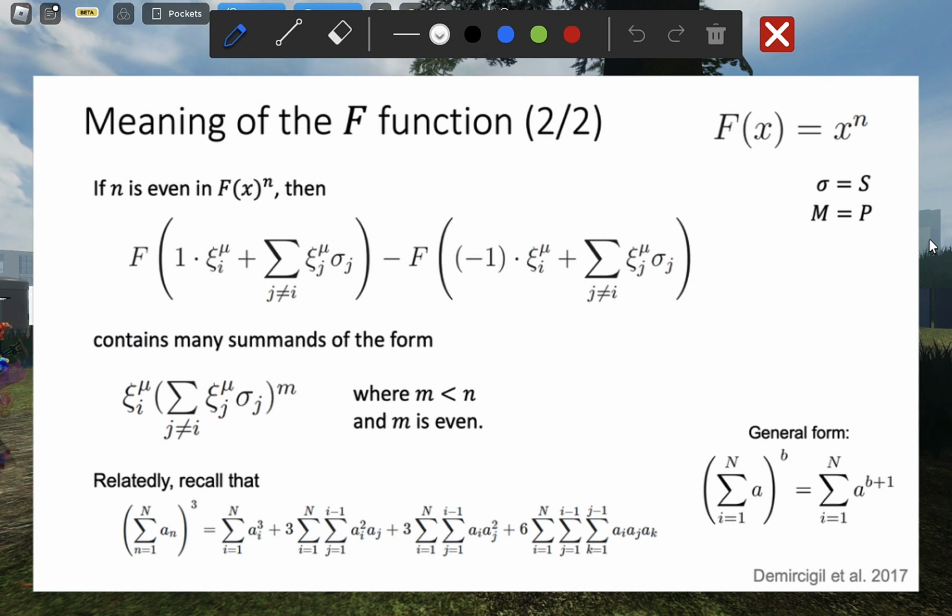If you wanted to analyze this, it's a bit difficult, because say you pick n equal to 10 or something. Then you'll get something a little like this thing at the bottom, but even longer, and it's going to have lots of different summands of this general form here in the middle. It's a bit difficult to analyze.